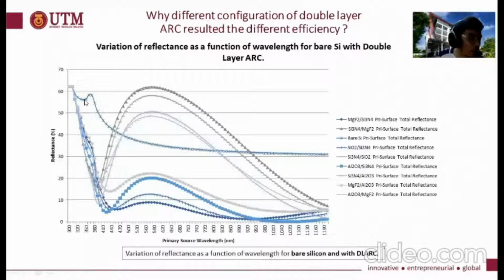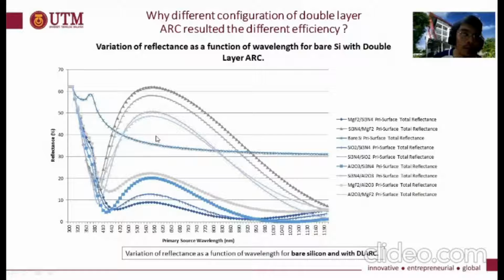As we can see here, when we use bare silicon only, the reflectance is higher than 30%. But when we use a good double layer ARC, for example magnesium fluoride and silicon nitride, it leads to lower reflectance than when we do not use the ARC.